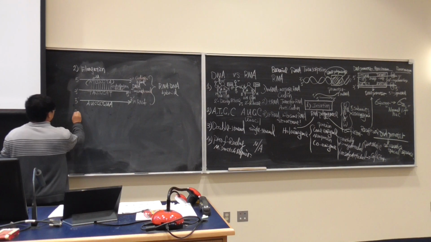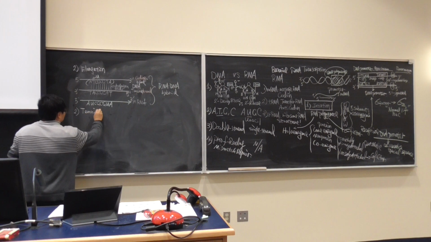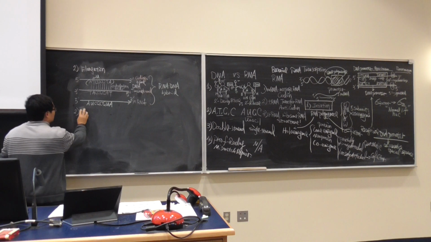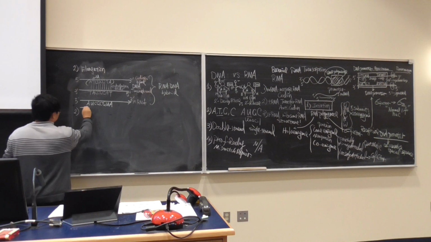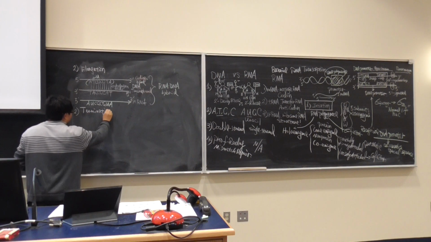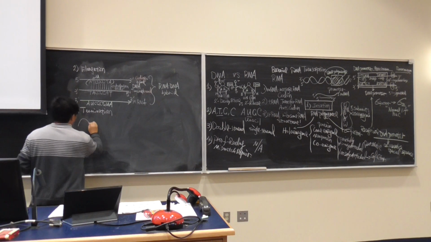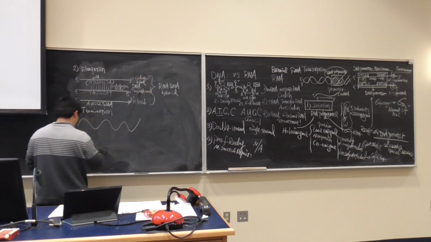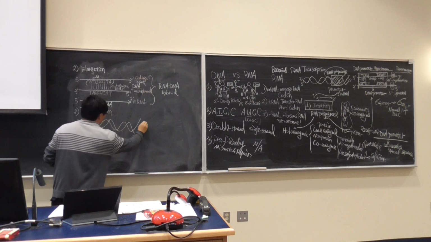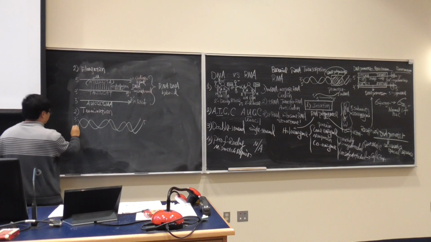Now, termination. What are we going to talk about? Termination. How do we know the transcription is going to be stopped? Okay, let's do it again. We have a sequence right here. This is a DNA sequence, a double helix, 3 prime to 5 prime, 5 prime to 3 prime.